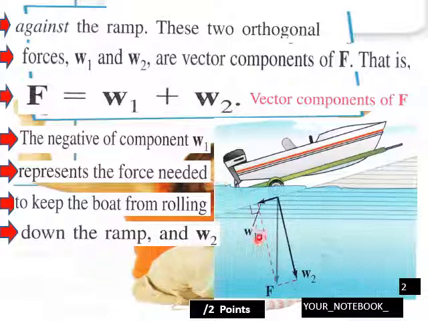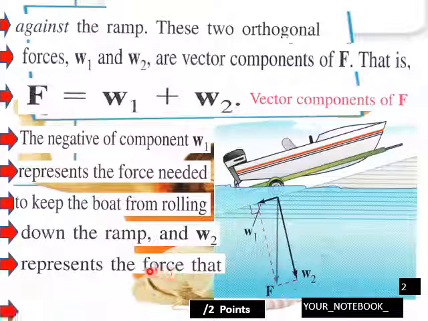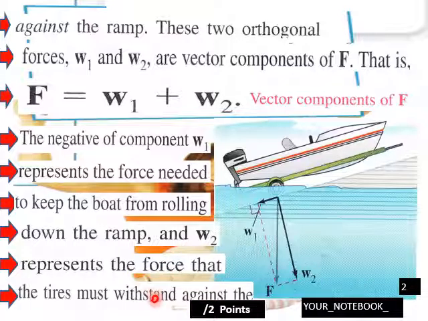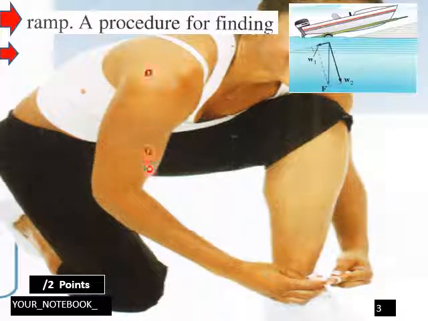So the negative of W1, in other words the opposite of W1, would keep it from rolling down the ramp, and W2 represents the force that the tires must withstand against the ramp. So the negative forces of W1 and W2 would resist the boat from going further down into the water on the trailer.